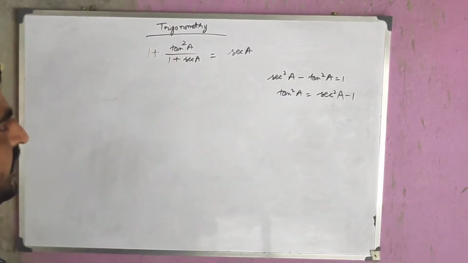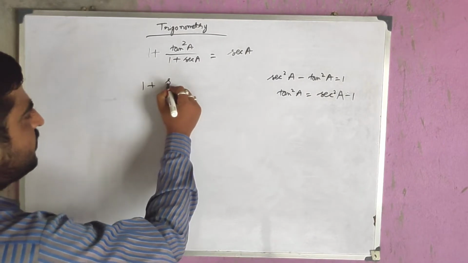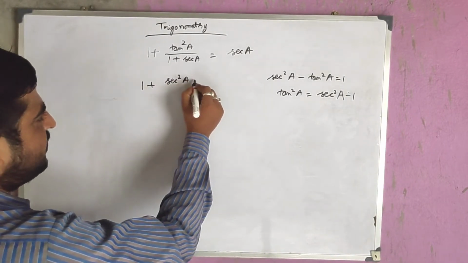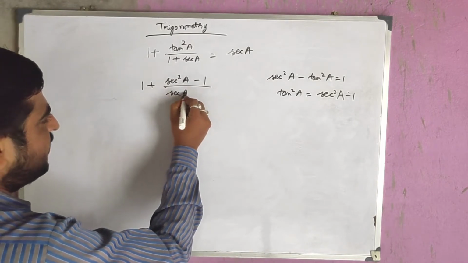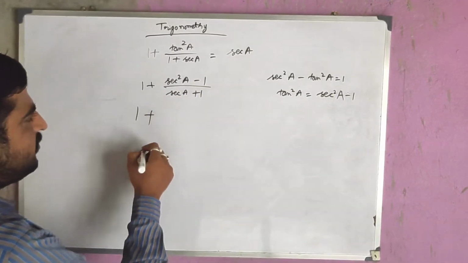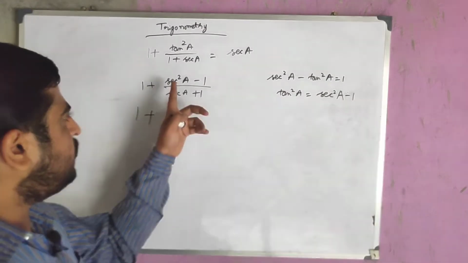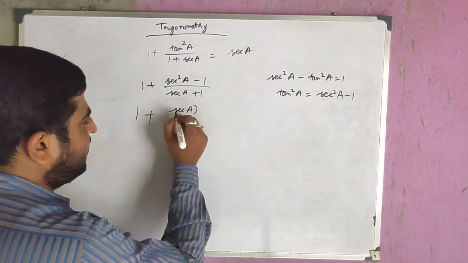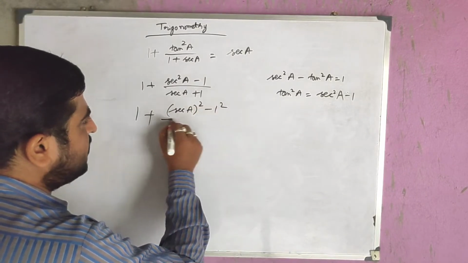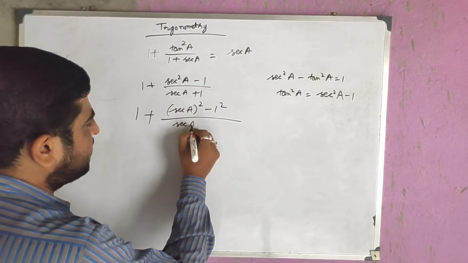So in the place of tan square A, we can put sec square A minus 1, by 1 plus sec A, which we can write as sec A plus 1. Now you see the upside, it becomes the formula of a square minus b square. That means sec A whole square minus 1 square, by sec A plus 1.